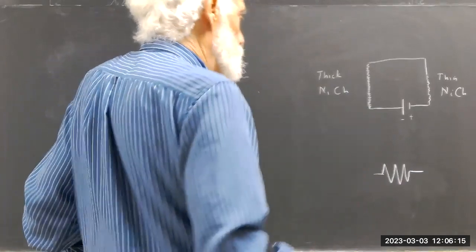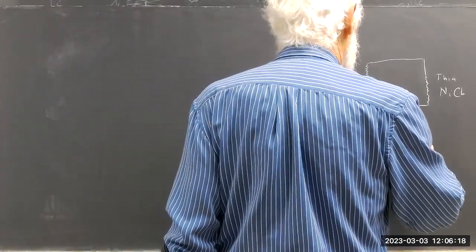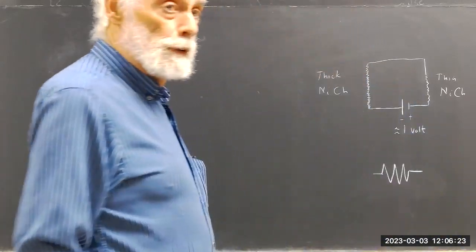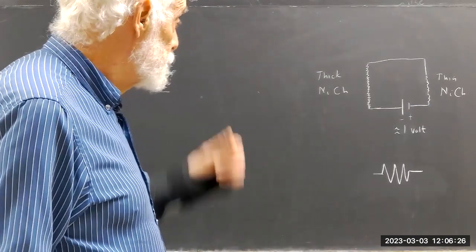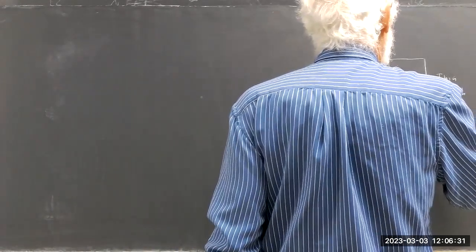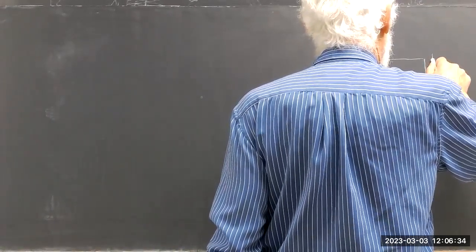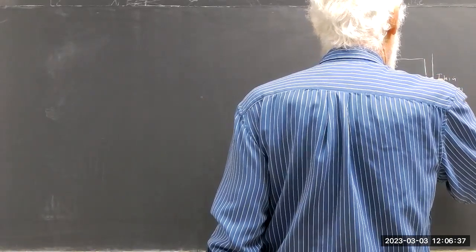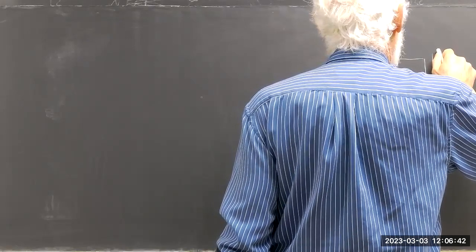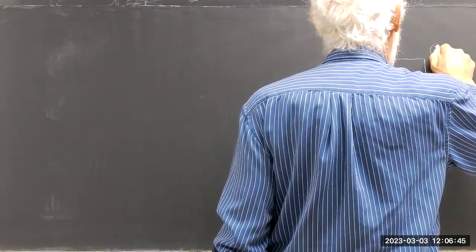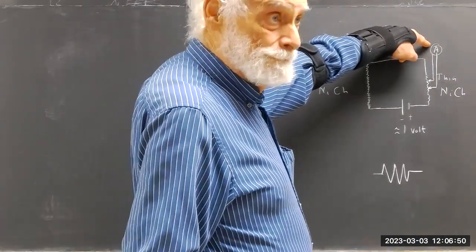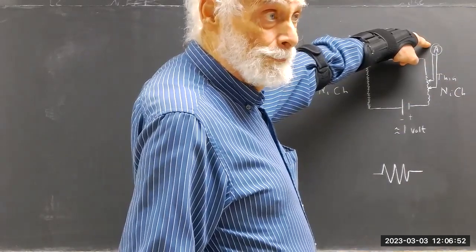Now let's just say we've got approximately 1 volt. I'm going to tap this thin nichrome with 2 leads, look at the diameter. See how that corresponds to what we did.